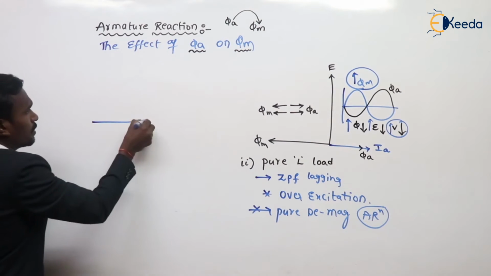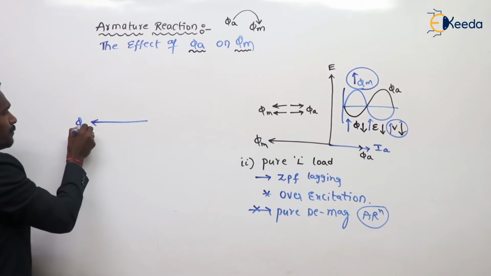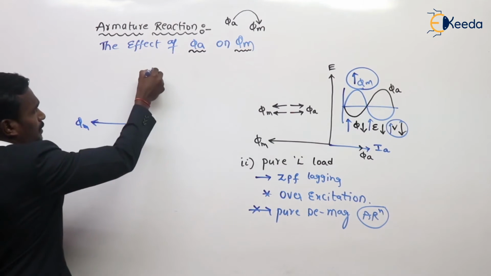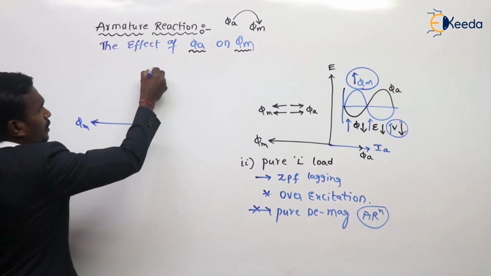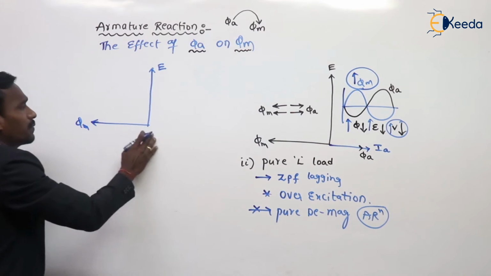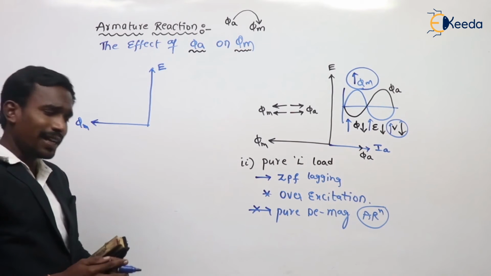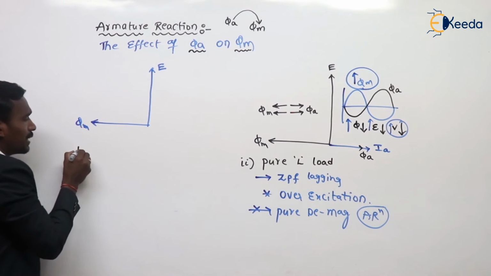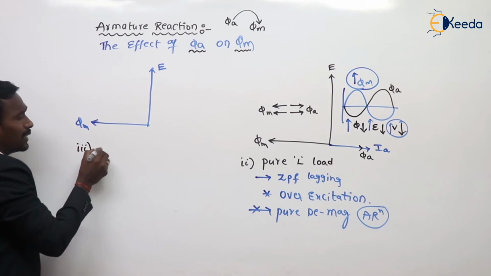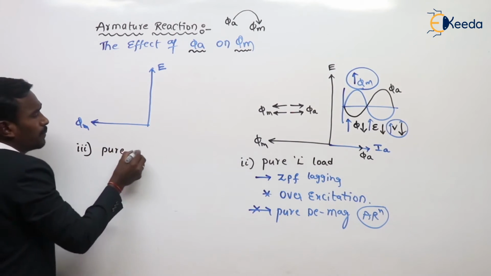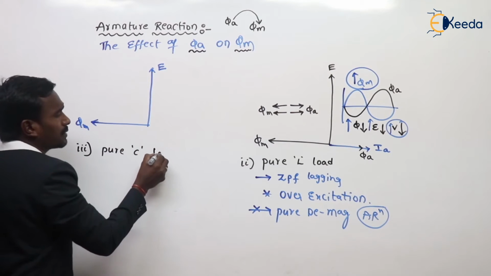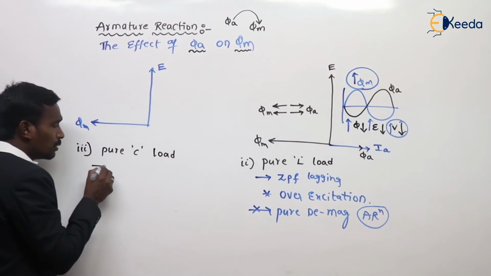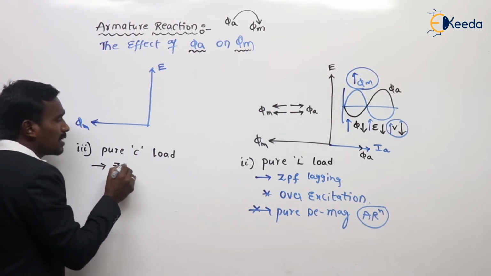This is, for example, my main field flux. And this is, for example, EMF. Right? Now tell me, I am taking case 3. What is case 3? I am assuming pure capacitive load. If it is pure capacitive load, what is the power factor?